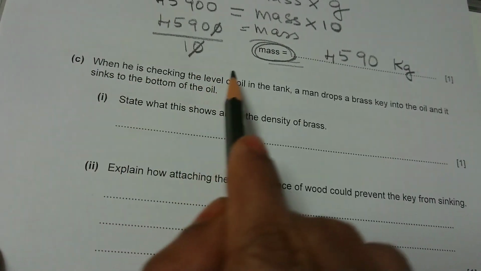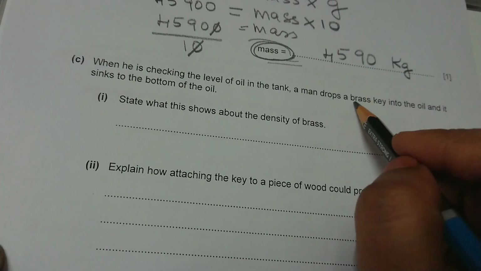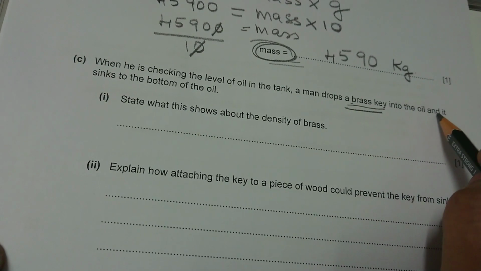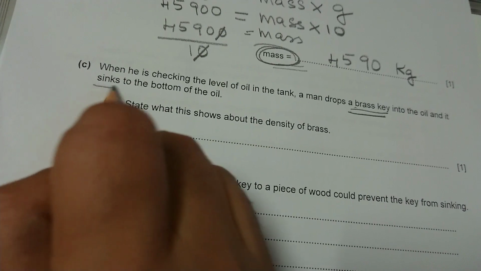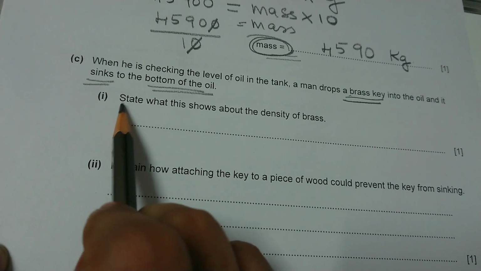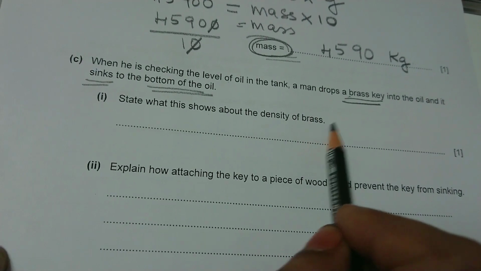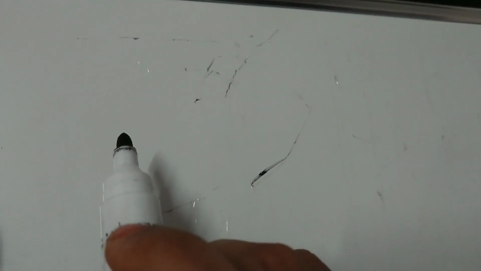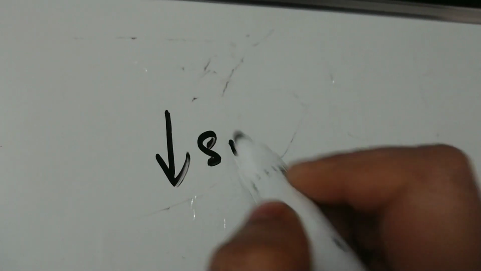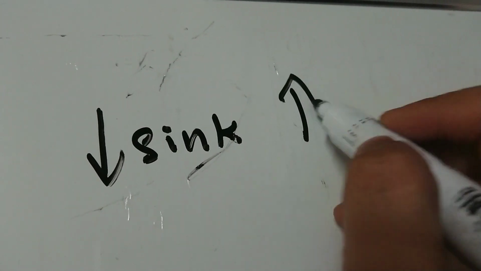When he is checking the level of oil in the tank, a man drops a brass key into the oil and it sinks to the bottom of the oil. State what this shows about the density of brass. Now students, you know that denser objects will sink, whereas less dense objects will float.